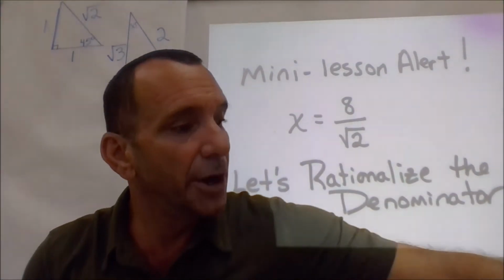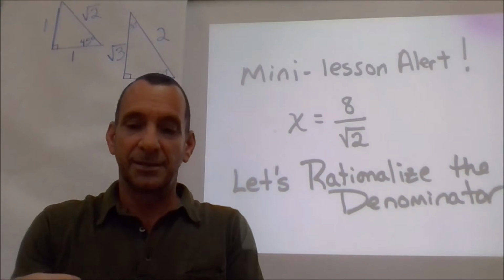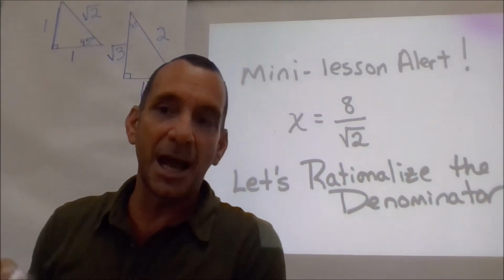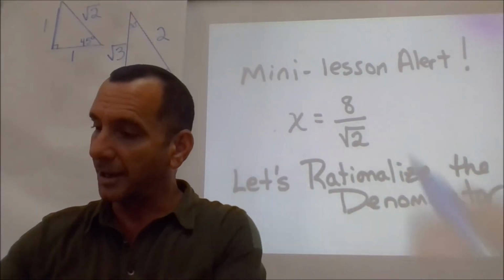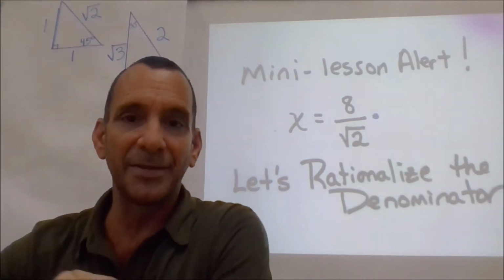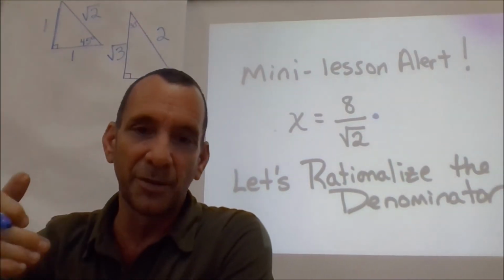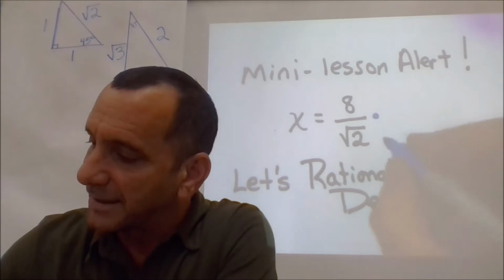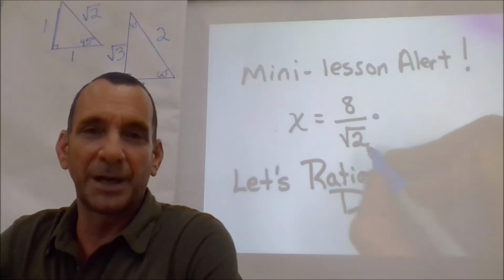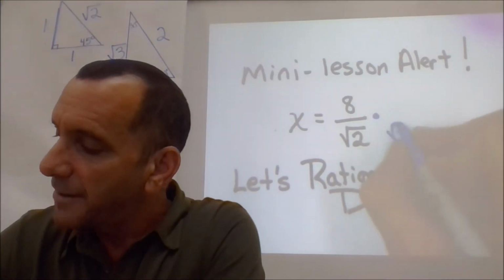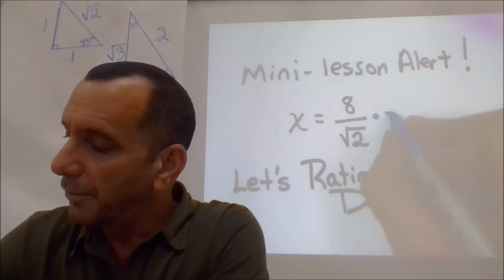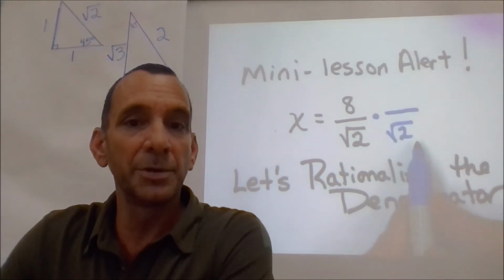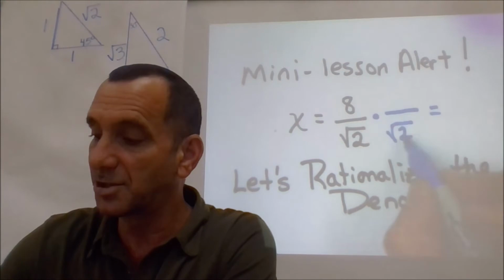We're going to do a very simple process of rationalizing the denominator, getting rid of that radical. Now I'm just going to multiply this by 1, which is something over something, to get rid of that denominator. And I know from my radical experience that the square root of 2 times the square root of 2 is going to give me 2.